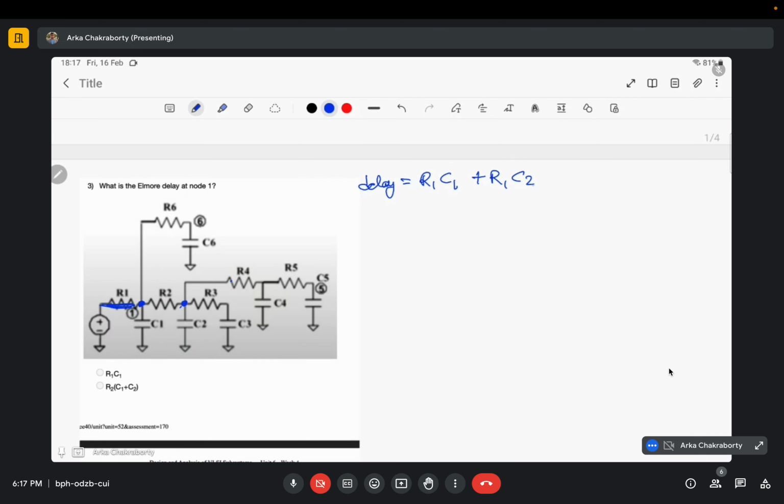Similarly, this one R1 C3 plus R1 C4 plus R1 C5 plus R1 C6. So basically it would be R1 times C1 plus C2 plus C3 plus C4 plus C5 plus C6. Simple.